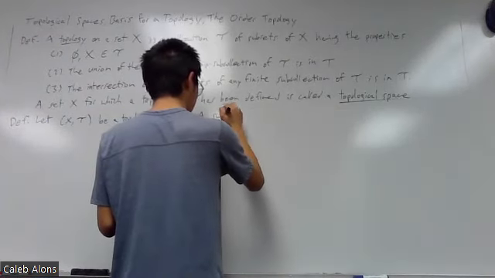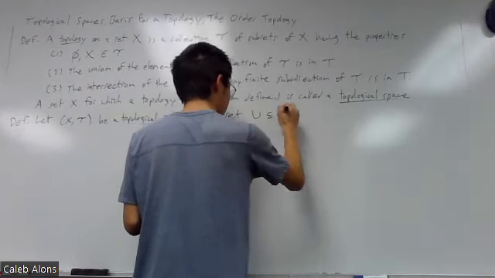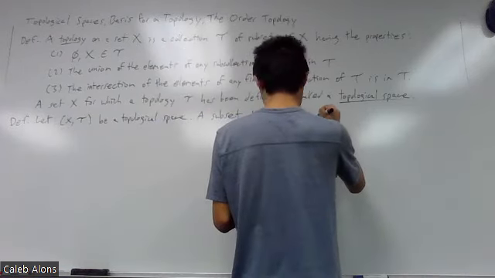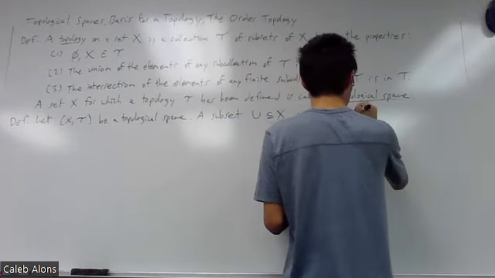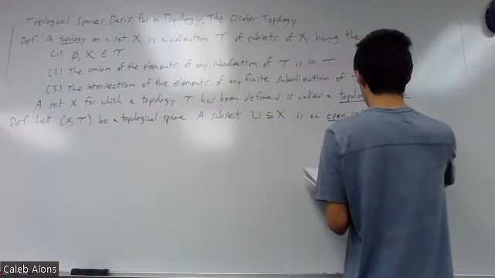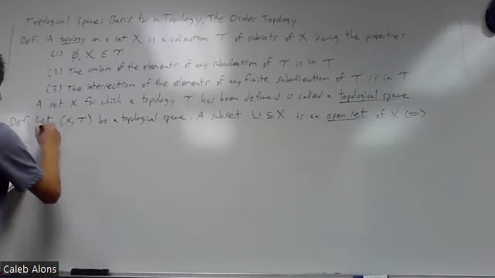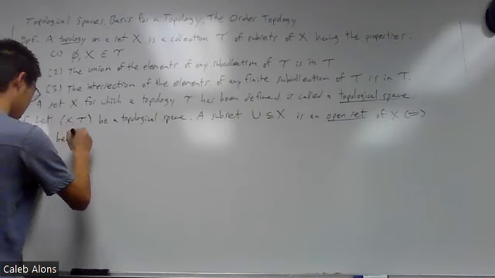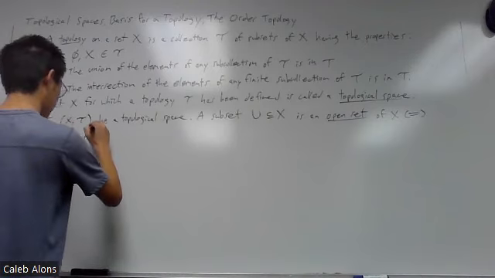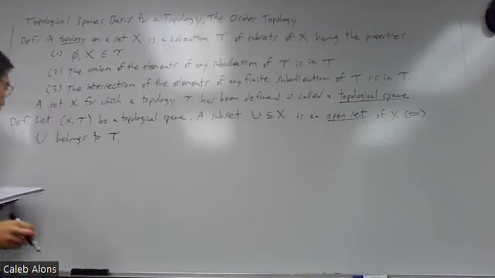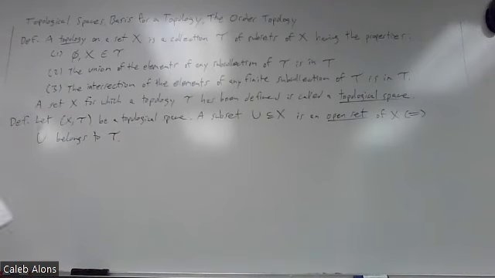A subset U of X is an open set of X if U belongs to T. This is the general way they start with open sets, but then more specifically we'll define open sets in terms of something else; we return to open sets in the next section.